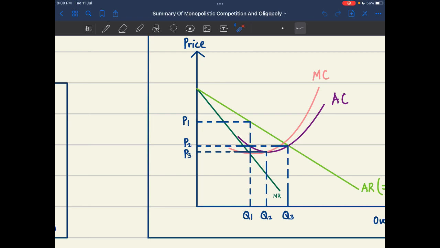They'll be producing at a point where their price equals average cost. So this would be the higher chance that a firm will be able to deter other firms from entering the market to produce at a price that's higher than your AC.